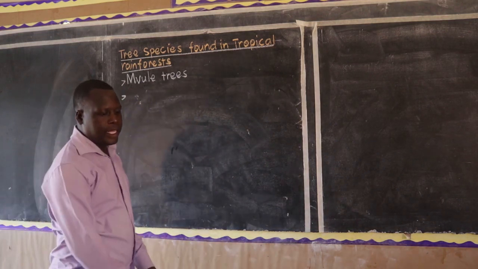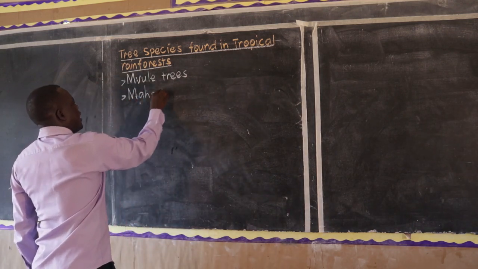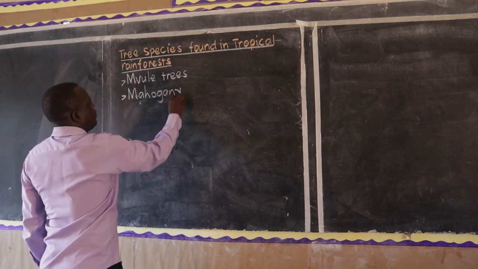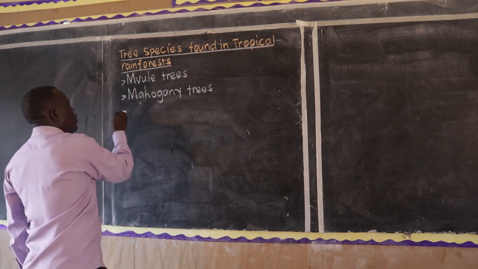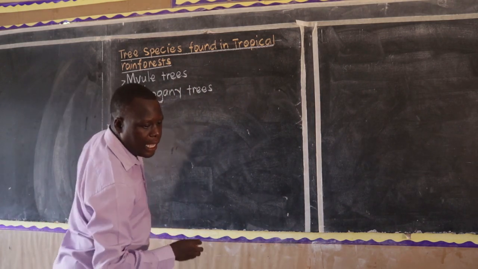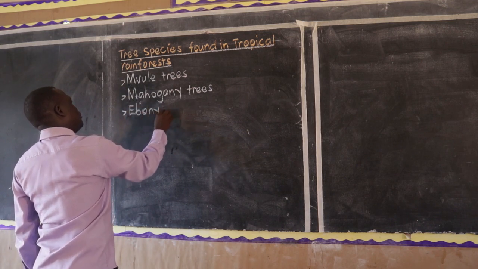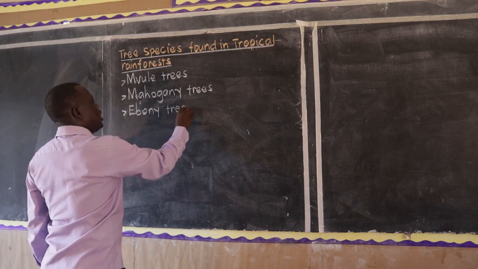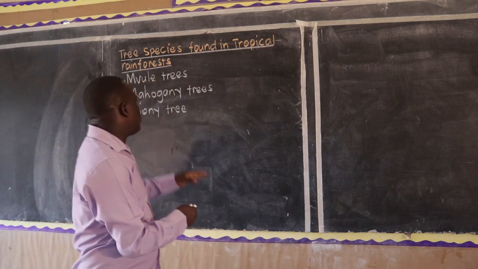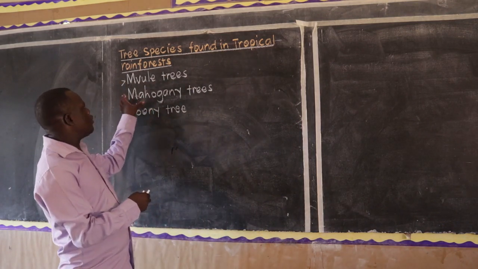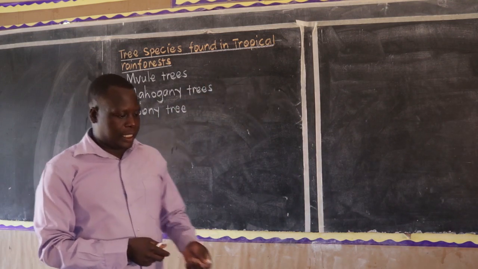We also have another tree species, mahogany trees. We also have ebony trees. Remember, if you are writing, you have to write them neatly without joining the letters or the words. That can be a very common mistake that we make.